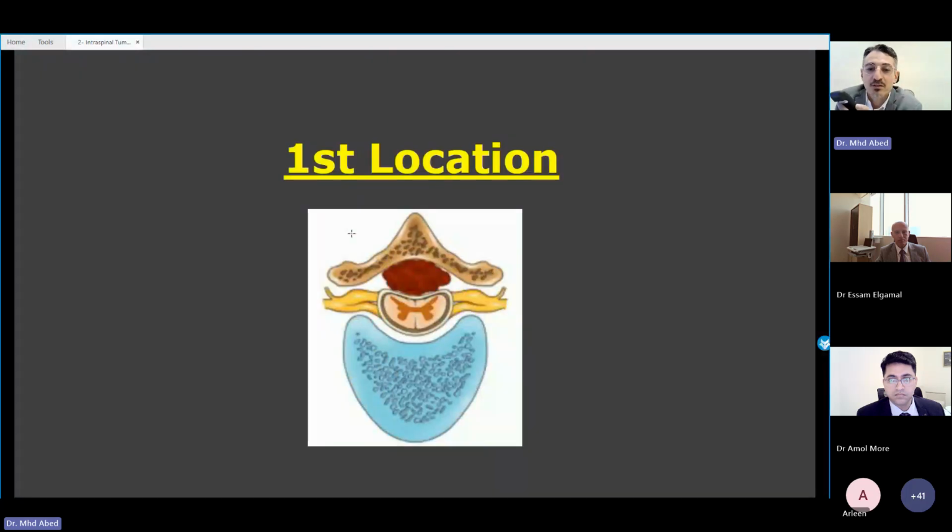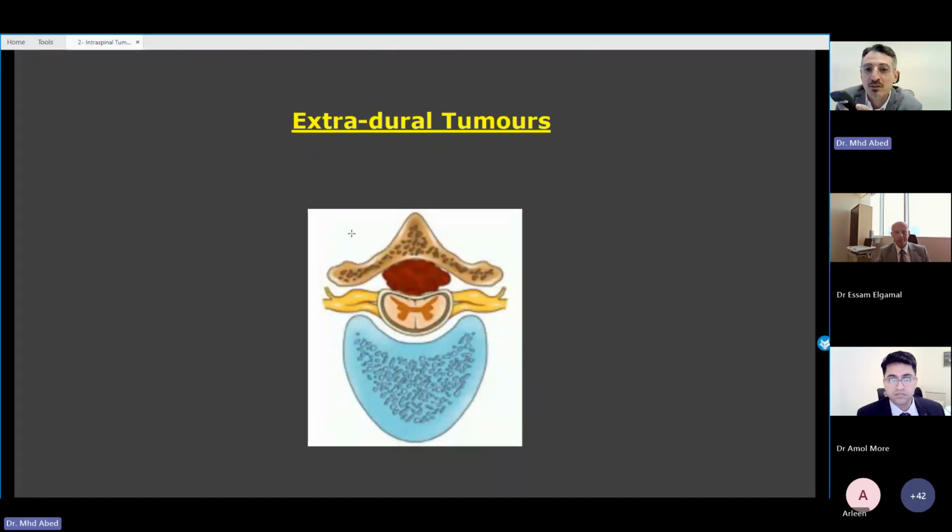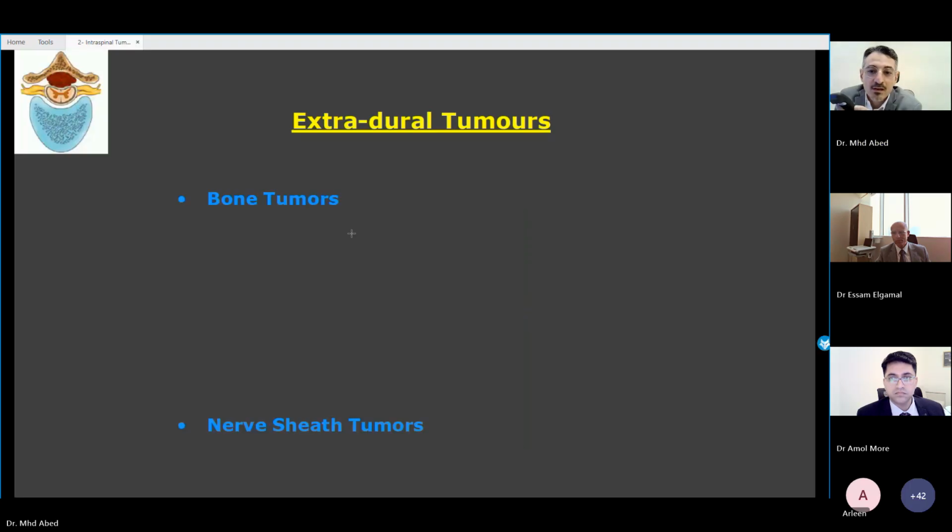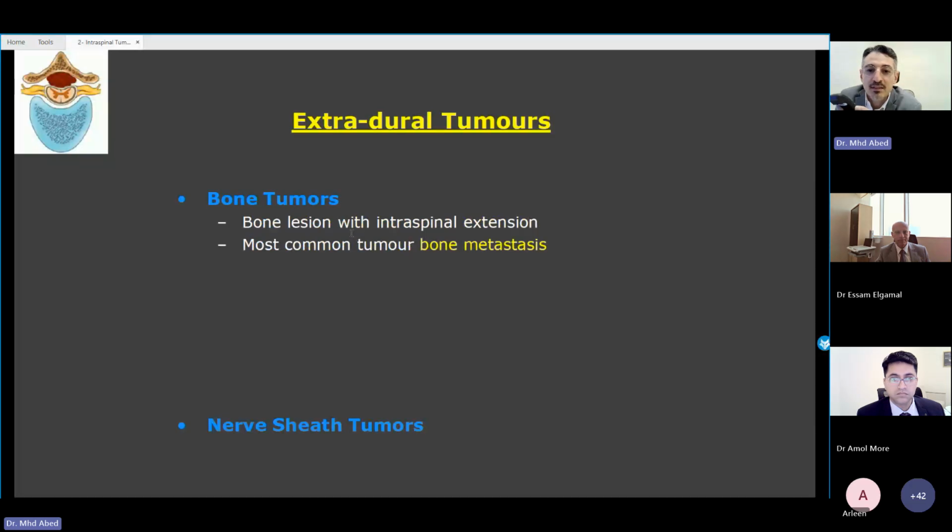So the first location is the extradural location, extradural tumor. The most common tumor are the bone tumor. And the most common bone tumor is the bone metastasis, because bone metastasis commonly has a soft tissue component which will extend into the spinal canal in the epidural space and cause spinal cord compression.